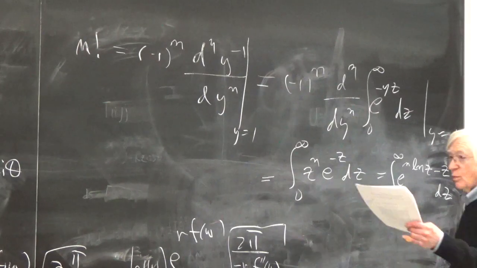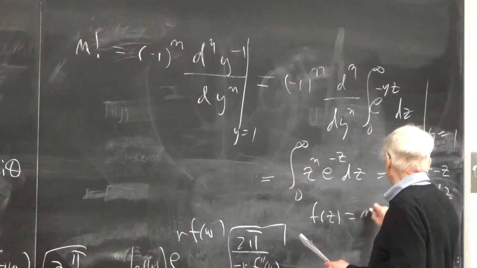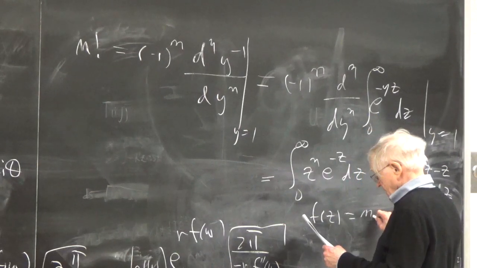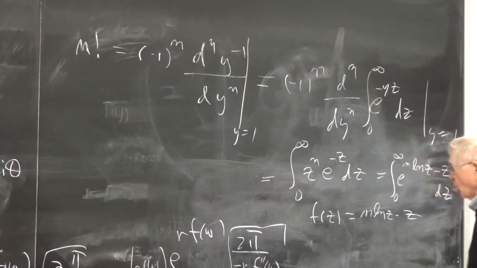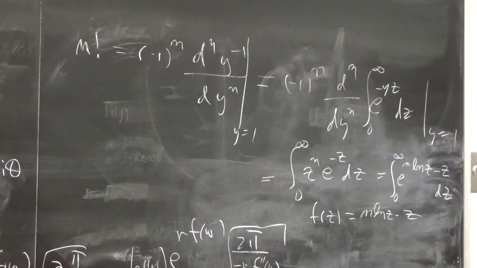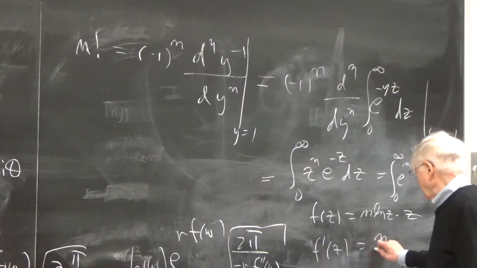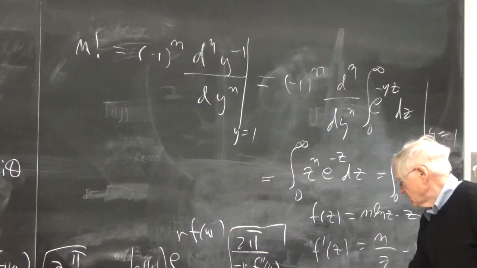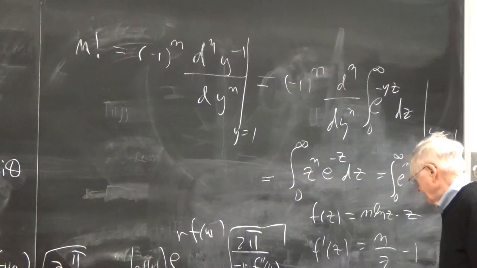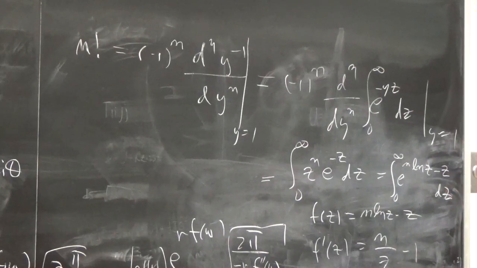This f of z here is equal to n log z minus z. So where does the derivative of that vanish? Well, f prime of z is n over z minus 1, so that vanishes for z equal to n. And we're going to set w then equal to n.